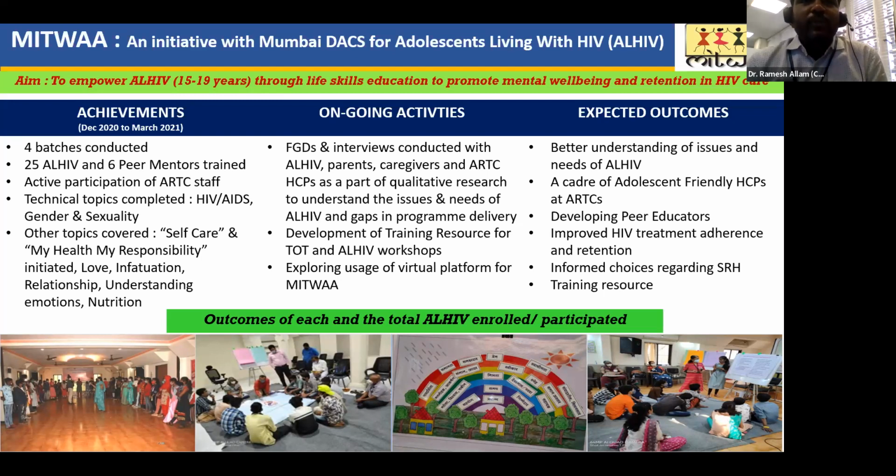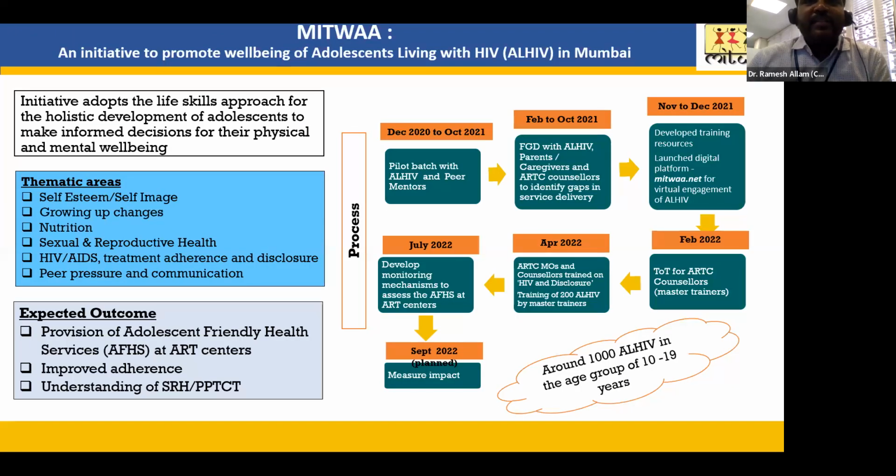They also get trained on certain life skill management. Counselors are also trained on this. So this is one very good initiative that was taken up there, engaging all the adolescents, and we tried to have some peer leaders developed from them. And the second is a continuation of them.